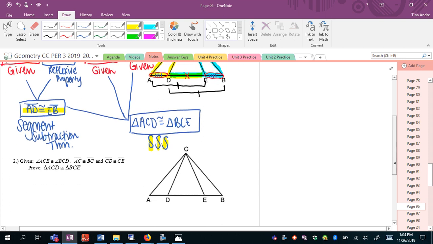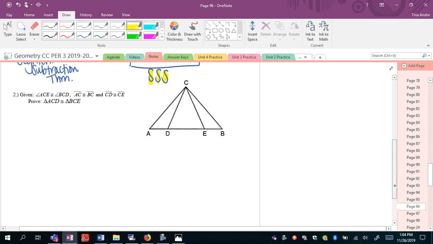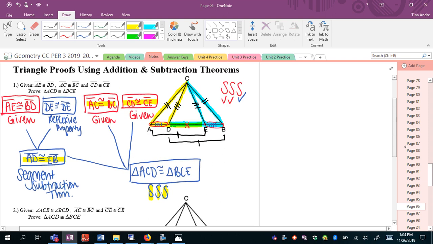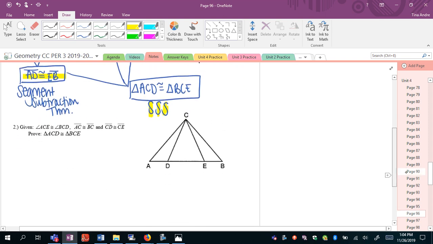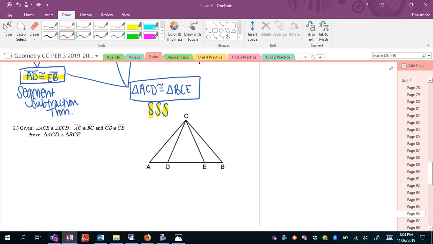So let's try a couple more of these. This next one is the same picture as the first one, but very different givens. So this one, we're given angle ACE, this entire angle here, is congruent to BCD, this entire angle. So again, right away I'm seeing this shared piece right here.